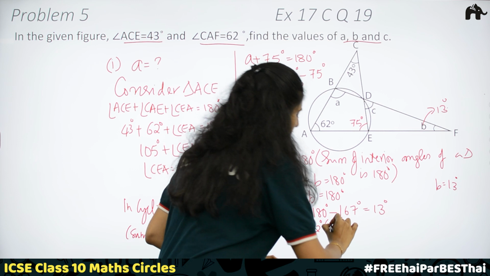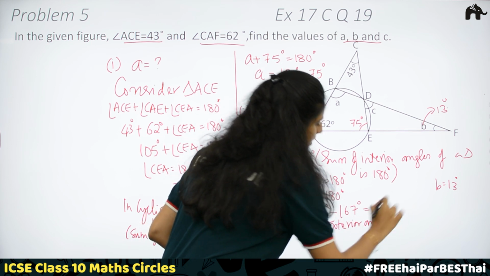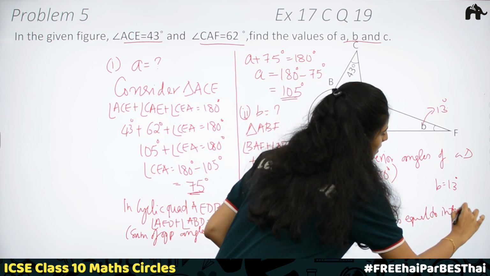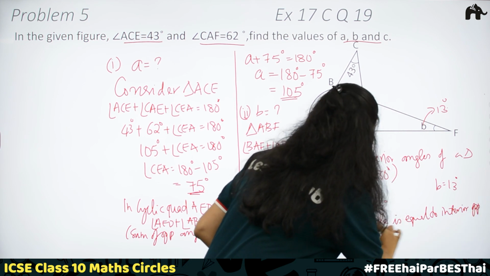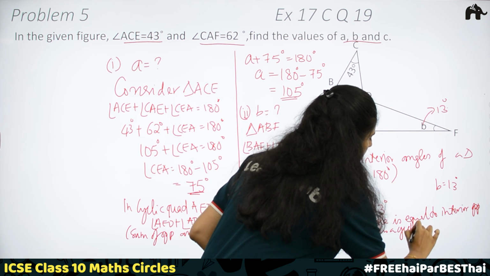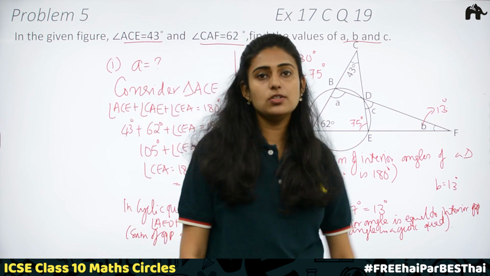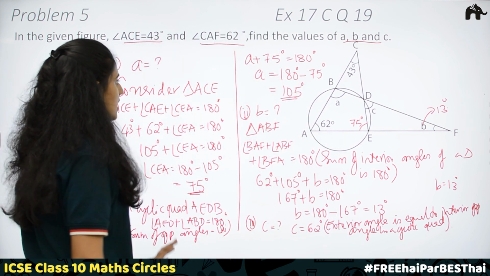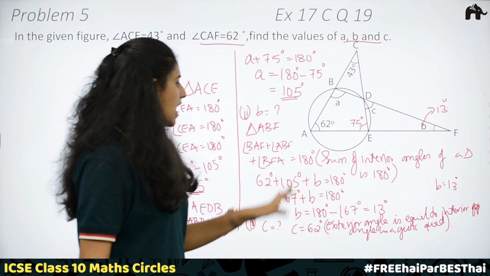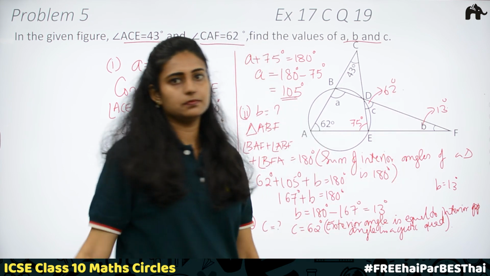Reason, exterior angle is equal to interior opposite angle in a cyclic quadrilateral. So we have found the values of A, B and C. A is equal to 105 degrees, B is equal to 13 degrees and C is equal to 62 degrees.